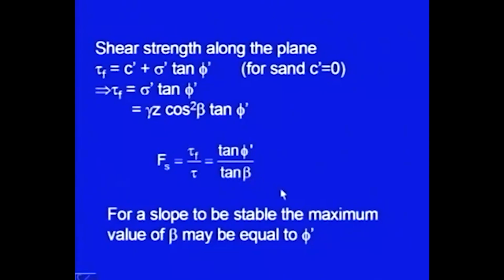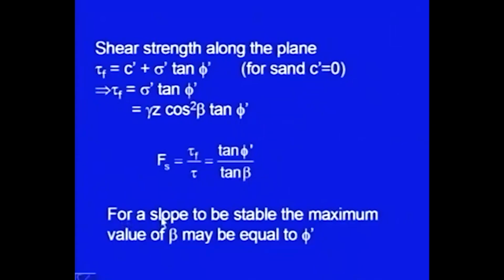So, it is a very simple equation which we finally obtain, and you can see if phi dash is less than beta, this F s value will be less than 1. If phi dash is more than beta, this F s will be more than 1. In other words, if the angle of shearing resistance is higher than this, it will be stable.